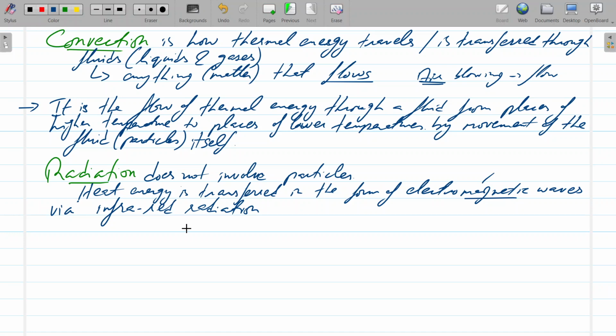Okay, and all objects emit infrared radiation. How much of the radiation they emit depends on how hot they are.